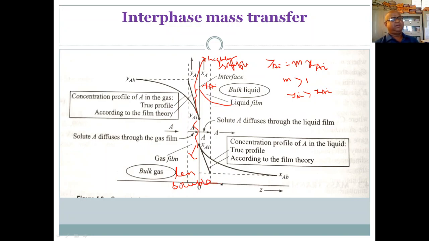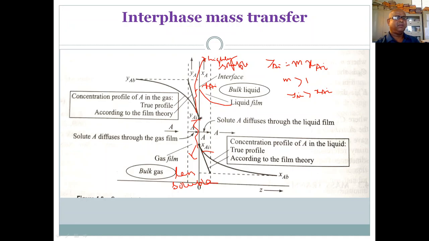Is it understandable? Keep it in mind that at the interface, the concentrations of yi and xi depend on the equilibrium relation. And if you take Henry's law, for highly soluble solute generally xi will be higher than yi.